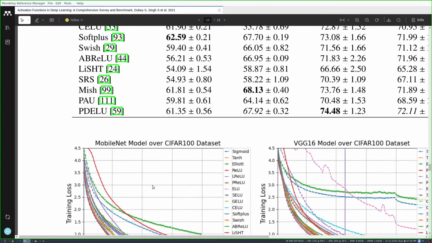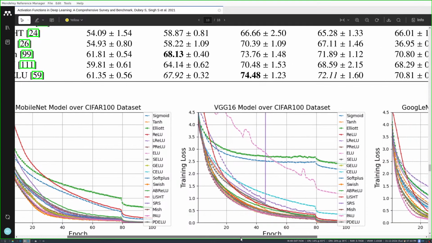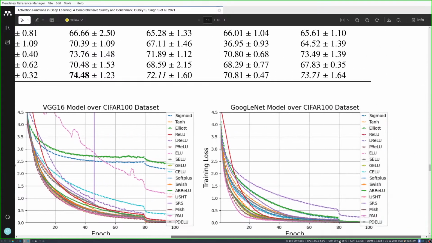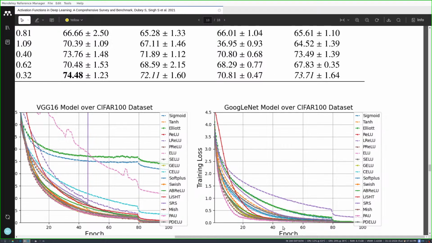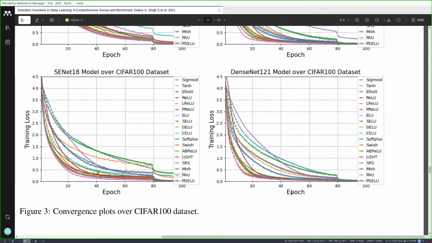Leaky ReLU uses violet. It's fine. Better than ReLU. Not here though. Arguably. ReLU. Leaky ReLU is very bad here. Not very good, apparently.